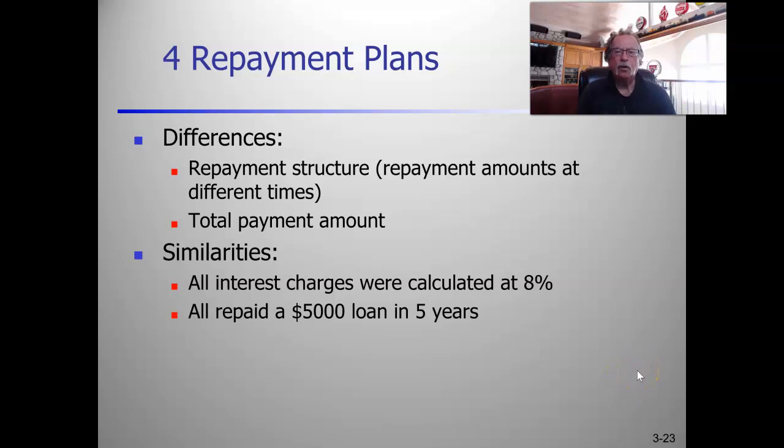Now, we have 4 repayment plans. The differences are the repayment structure, the different amounts of principal at different times in the total payment amount. Similarities are that all interest charges are calculated at 8% and all repay a $5,000 loan in 5 years.